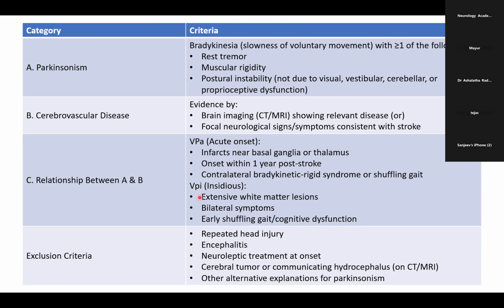In insidious onset, there are extensive white matter lesions with bilateral symptoms, along with early shuffling of the gait and cognitive dysfunction. Exclusion criteria include a history of repeated head injury, a possibility of encephalitis, neuroleptic treatment at onset, the presence of cerebral tumor or communicating hydrocephalus on imaging, or any other alternative explanations for these Parkinsonism features.